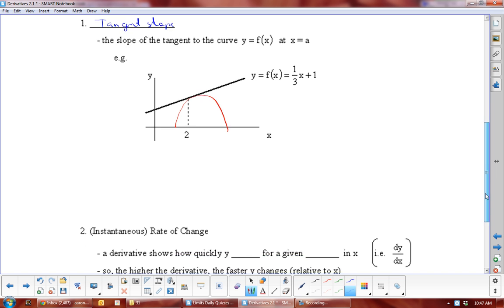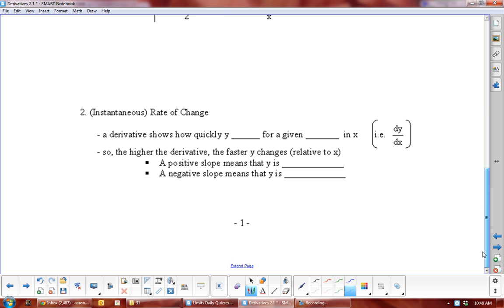Where it becomes more useful is finding instantaneous rates of change. A derivative shows how quickly y changes for a given change in x. And that's why it's dy over dx, right? Show me all the changes in y to x.